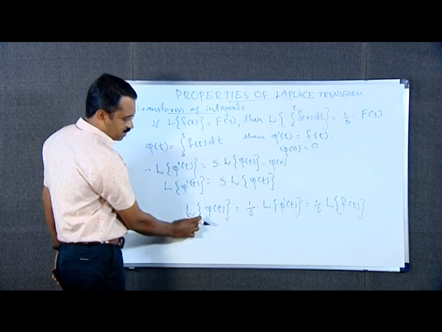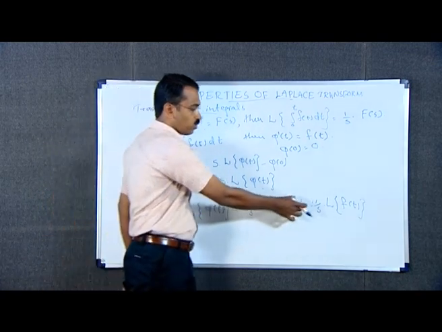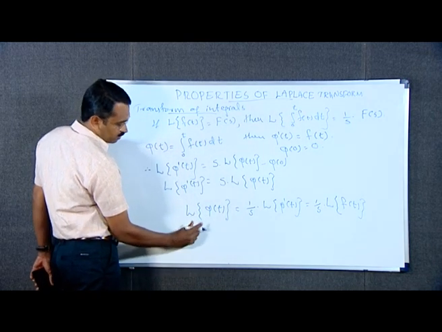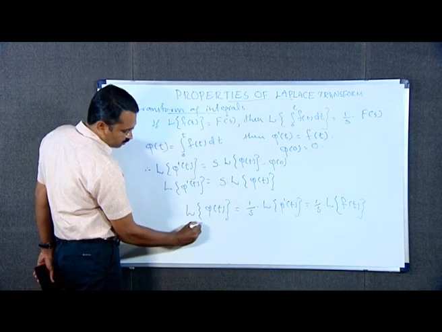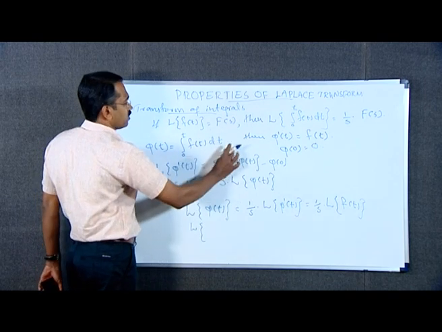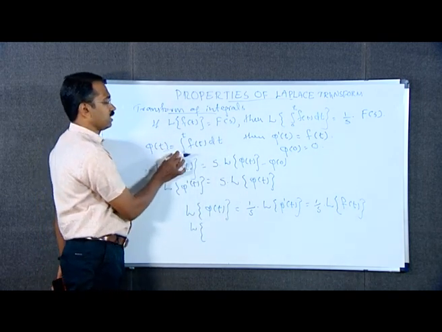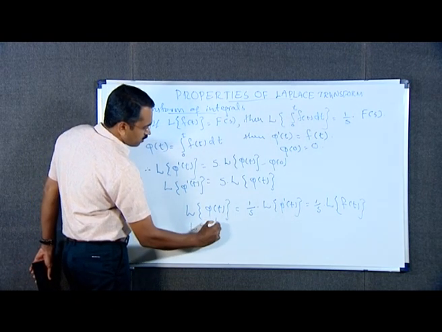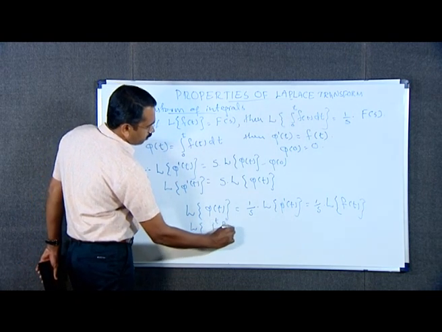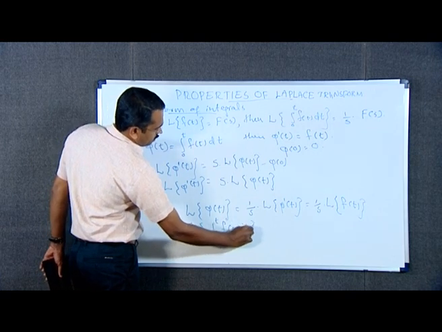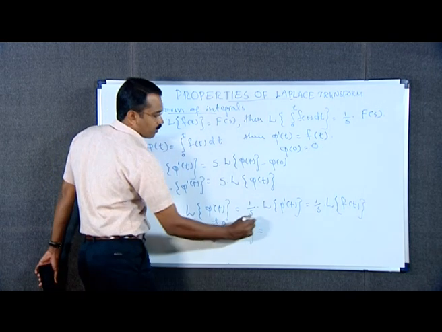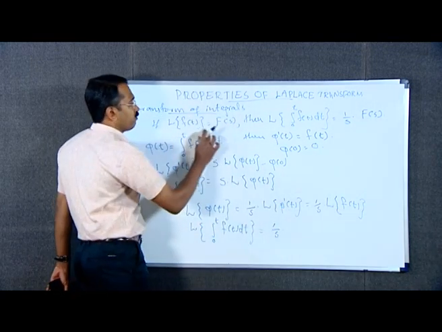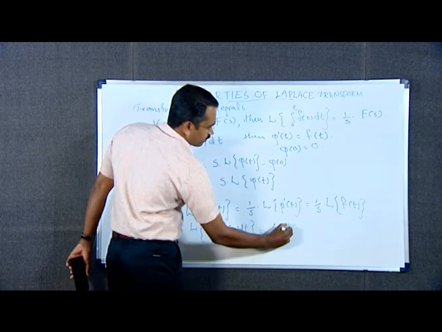That means the Laplace transform of phi of t, where phi of t is the integral from 0 to t of f(t) dt, is equal to 1 by s into F(s).